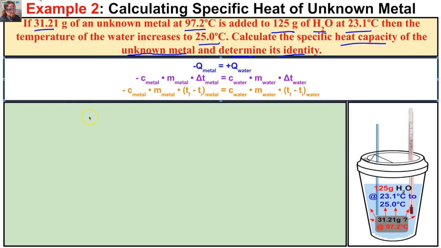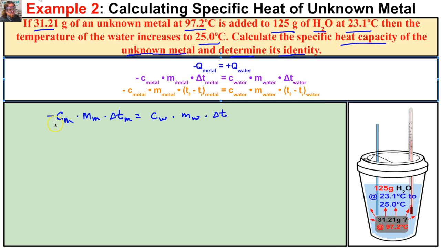And so if we take a look, we know that the negative specific heat value of the metal times the mass of our metal times the change in temperature of our metal is going to be equal to the specific heat capacity of our water times the mass of our water times the change in temperature of our water.